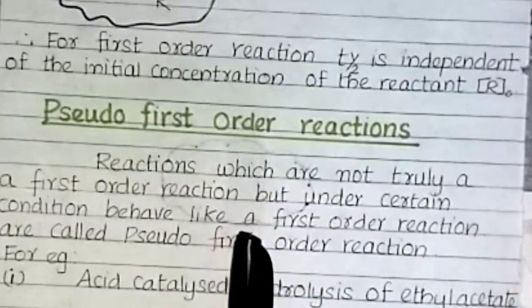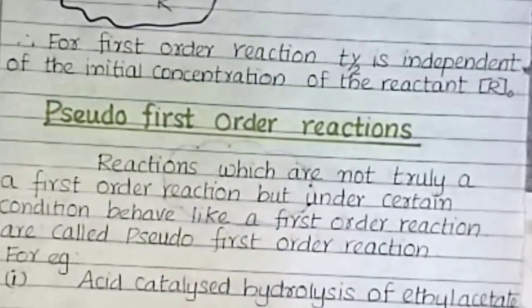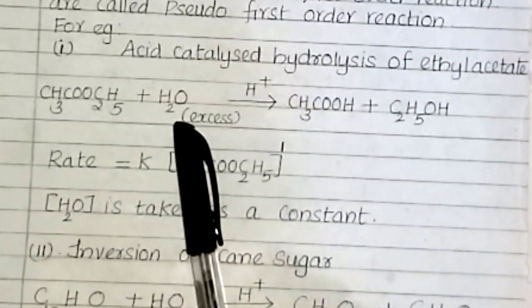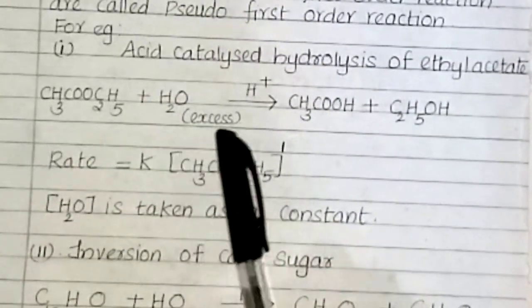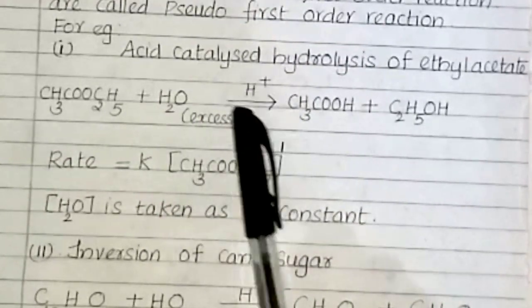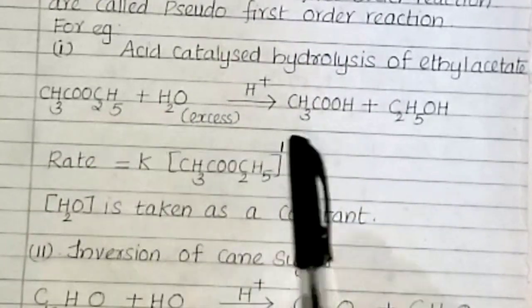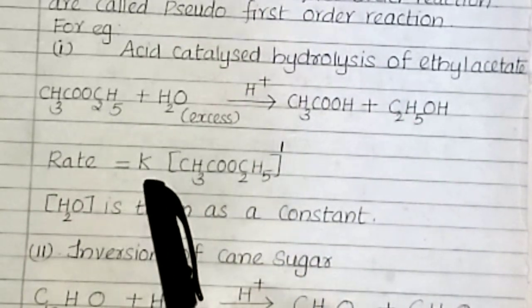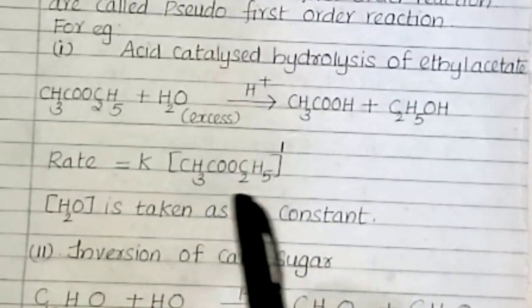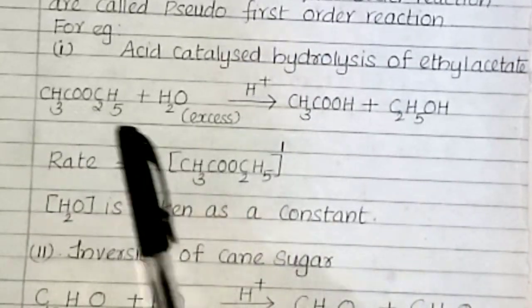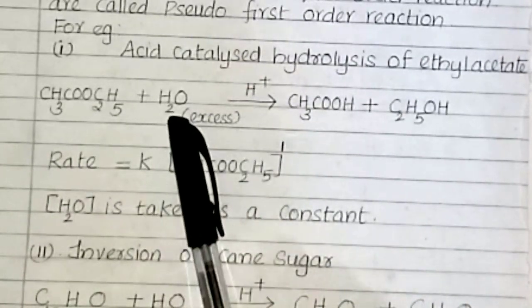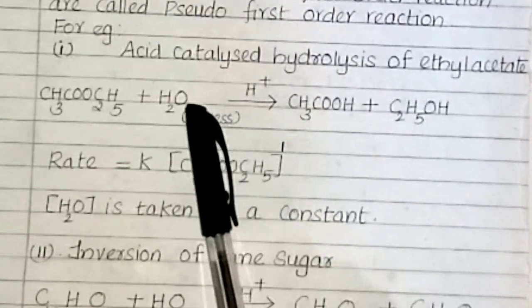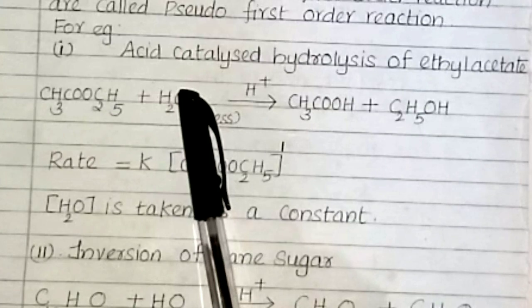For example, acid catalyzed hydrolysis of ethyl acetate. Ethyl acetate is this one. On hydrolysis, water is taken in excess in the presence of acid, then we get acetic acid and ethanol. In this reaction, rate is equal to rate constant into concentration of ethyl acetate only, because the concentration of water is taken in excess, so its concentration is taken as constant.